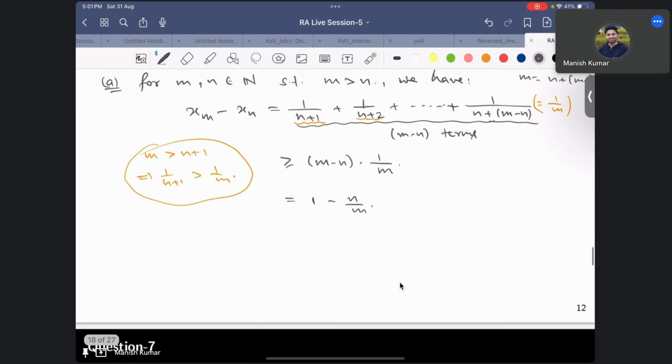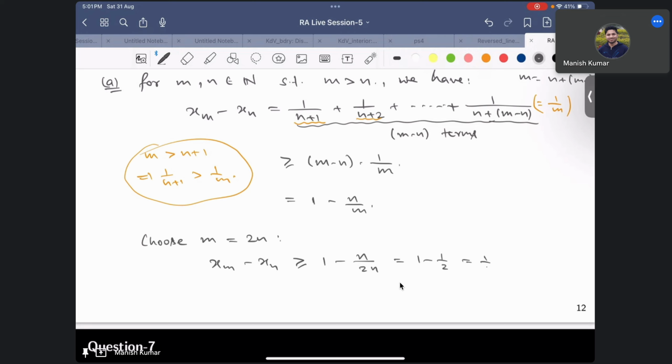To make it fixed, choose m equal to 2n. Then xm minus xn is greater than or equal to 1 minus n by 2n, which is nothing but 1 minus half, which is half.